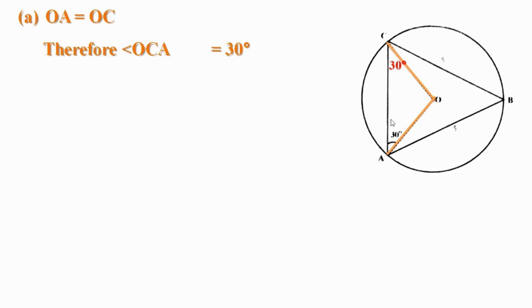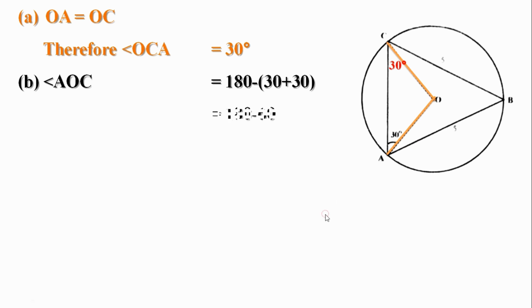Sum of the three angles is 180 and two angles are 30 and 30. So the third angle, angle AOC equal to 180 minus (30 plus 30). That is 180 minus 60 or 120. That is angle AOC equal to 120 degree.